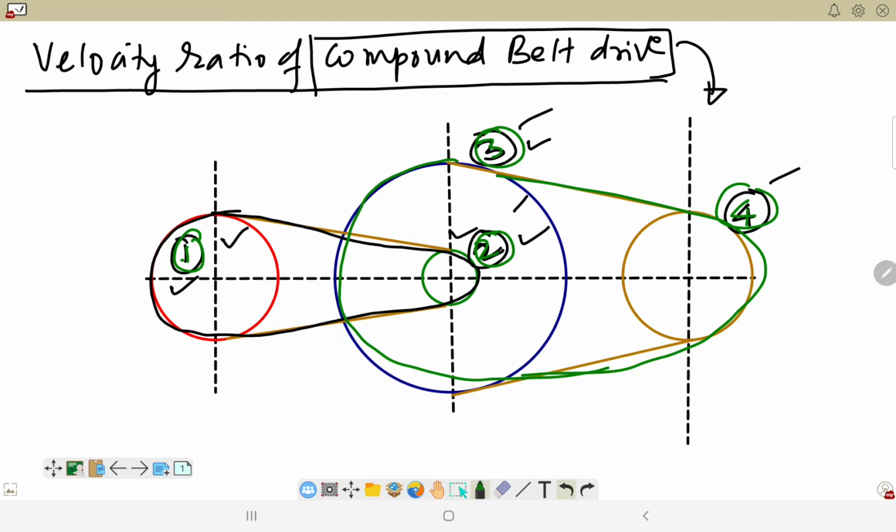According to the definition of velocity ratio, for pulleys 1 and 2, an open belt connection is there.